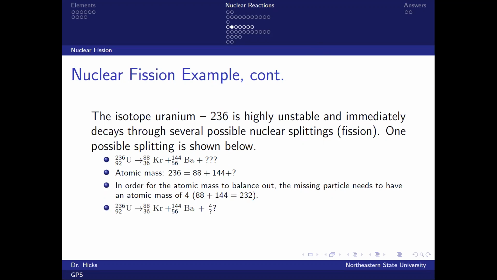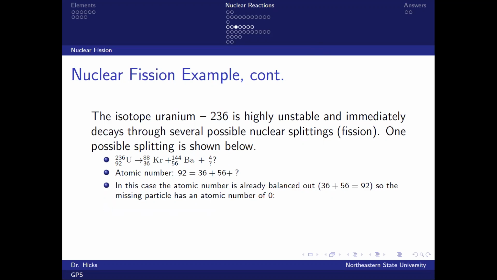Now I've got to figure out the atomic number of that missing particle. And it's the same thing. Balance out the atomic number on either side. I start off with 92 on the left. That's from the uranium. 36 and 56 add up exactly to 92.